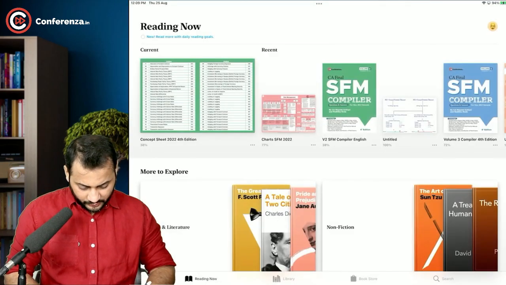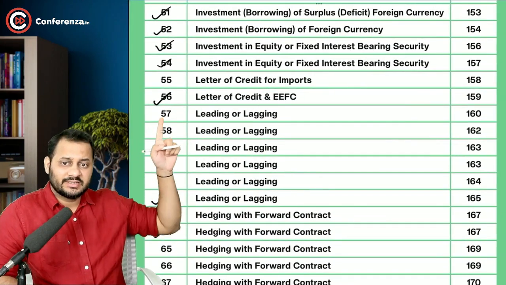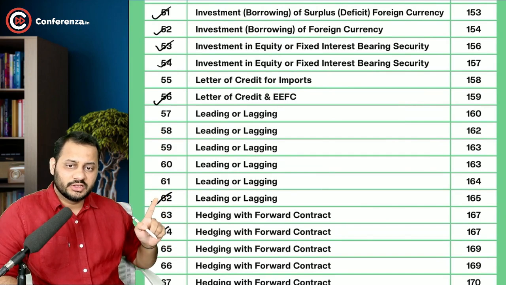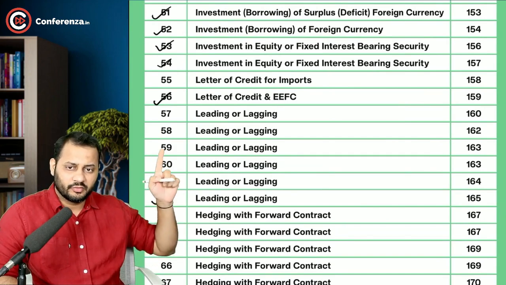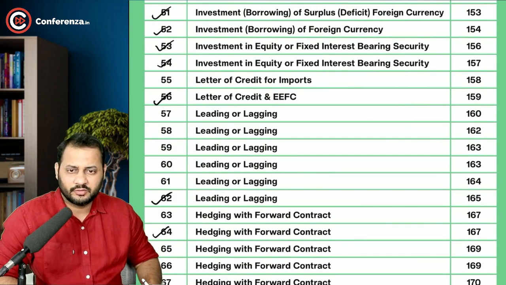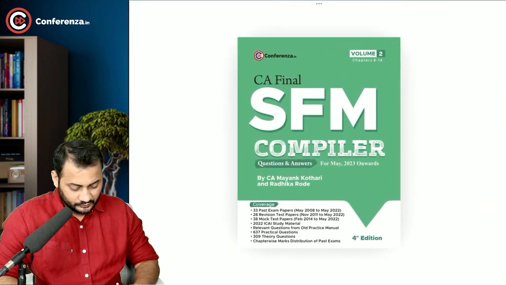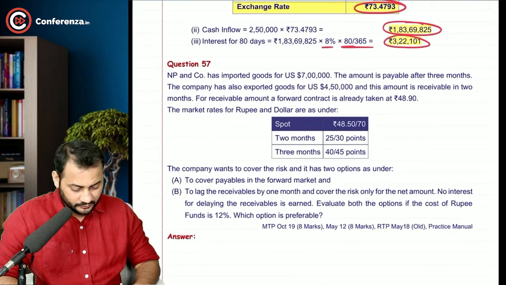Acha, let me go back to the concept sheet first. So from question number 57 to 62, I think 1, 2, 3, 4, 5, 6 questions are there on leading and lagging. Obviously, we are going to take 2 to 3 at least of these. Let's have a look. The repeated ones will be given as homework.